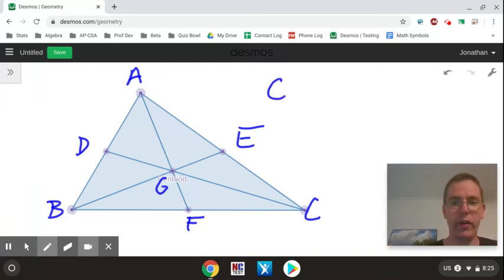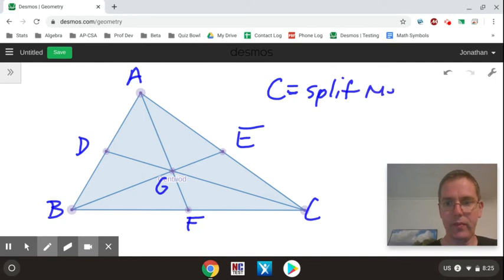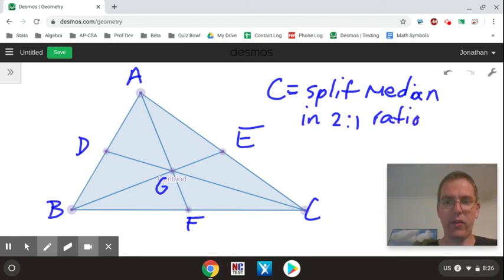So the centroid will split the median in a 2:1 ratio. I might have said 2:3 the first time.